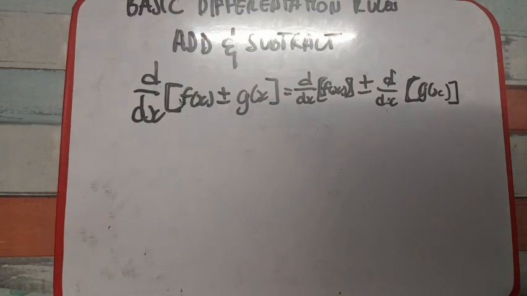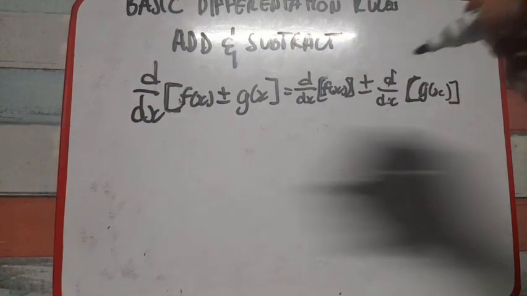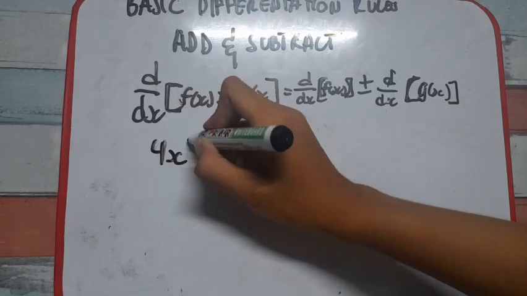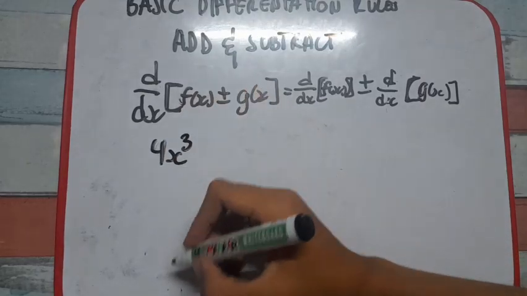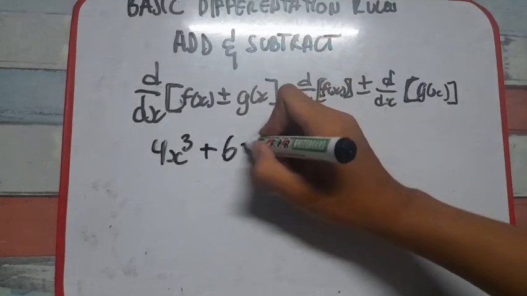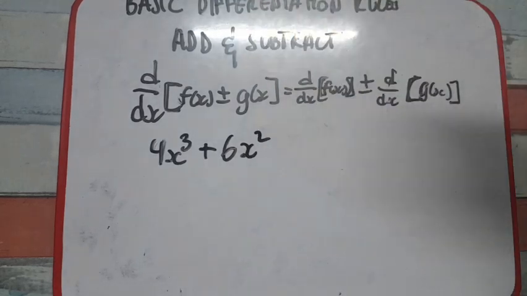Let's go straight to the examples. We have 4x cubed plus 6x squared.